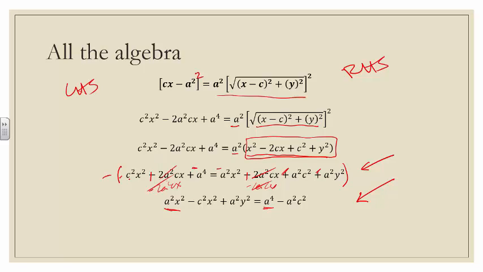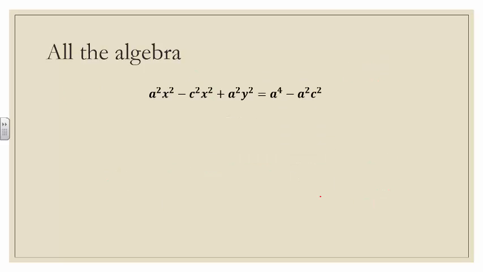C squared x squared stays, and remember, since we multiplied by negative 1, it's minus c squared x squared. And the other thing we'll do is move this minus a squared y squared to the left by adding it, and it appears here. And we're left with our minus a squared c squared, giving us this entire term, a squared x squared minus c squared x squared plus a squared y squared equal to a to the fourth minus a squared c squared.